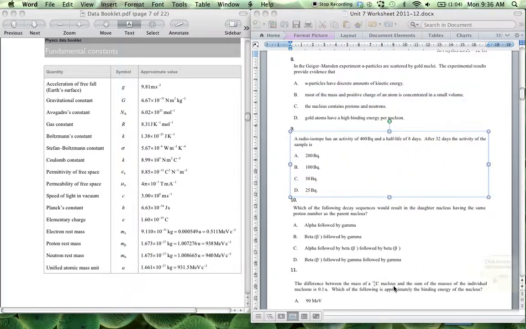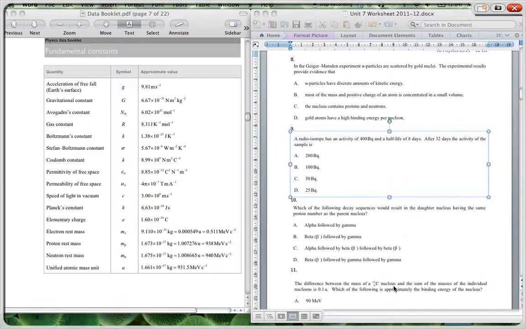Question 10. It says, which of the following decay sequences would result in the daughter nucleus having the same proton number as the parent nucleus? So we're looking at proton number. So basically the number of positive charges in the nucleus is going to be the same. Now let's just think of the ones that we have.